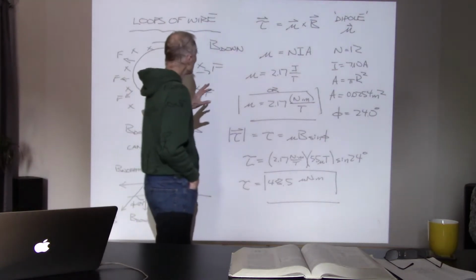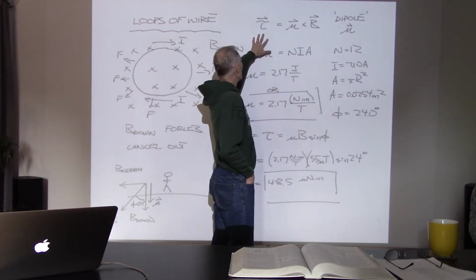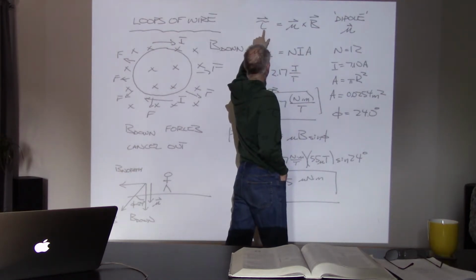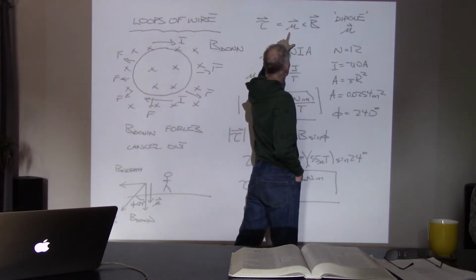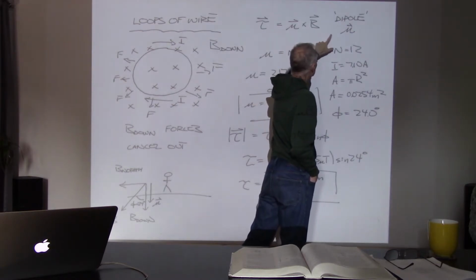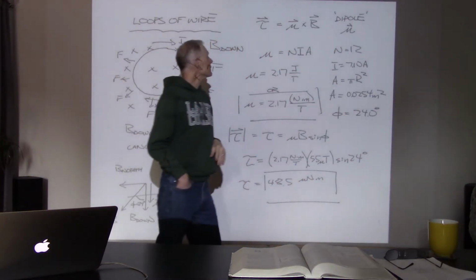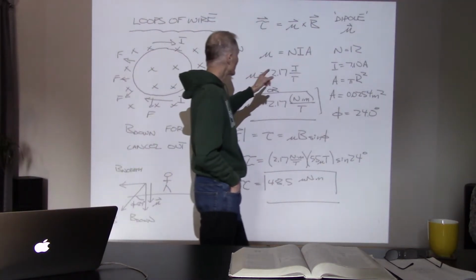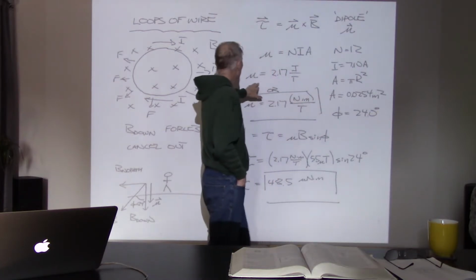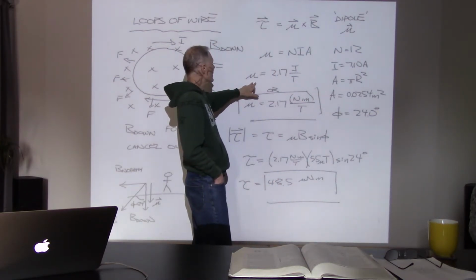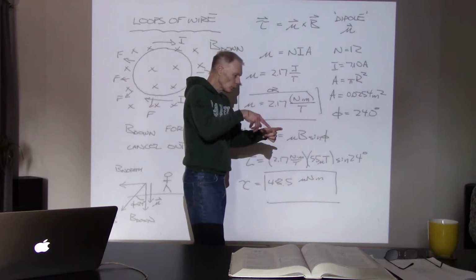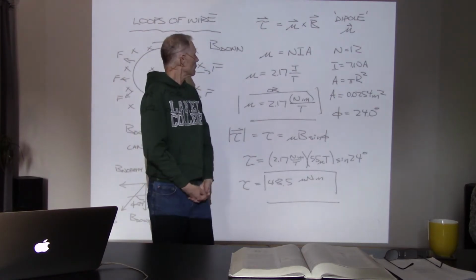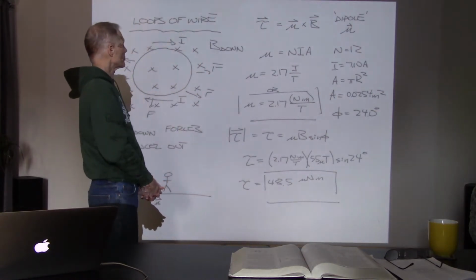It turns out that, in the textbook and in class, we have derived that the torque can be written as the dipole times the magnetic field, where the dipole formula is given by N times I times A. They've given us N, I, and A. We can calculate the magnetic dipole, and for these 12 loops of wire with current running through them, it's 2.17 joules per Tesla.